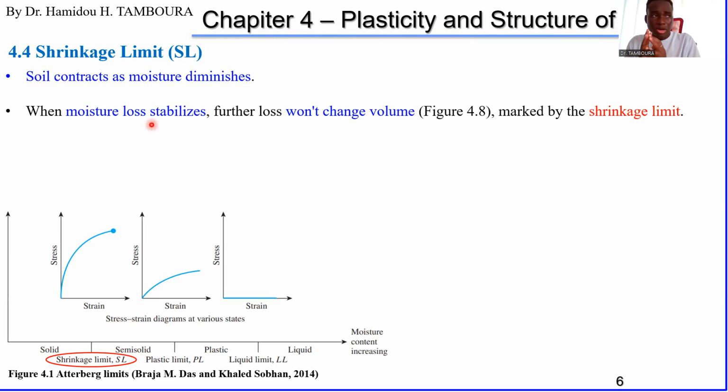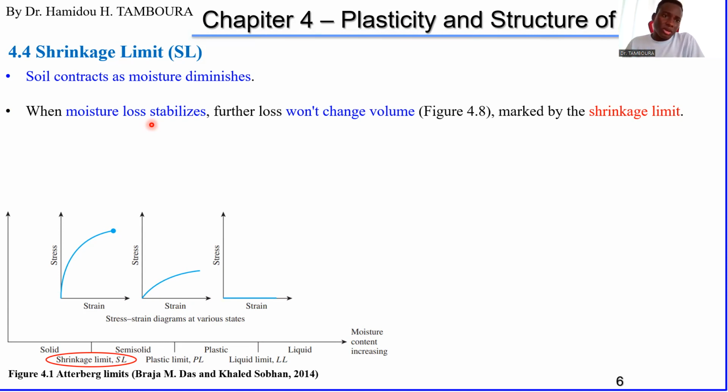So this is like when you have a sample of soil, and that soil is humid, there is water inside. If you leave this sample of soil, for example, under sunlight, maybe the water will evaporate. During evaporation, the soil will lose its humidity.